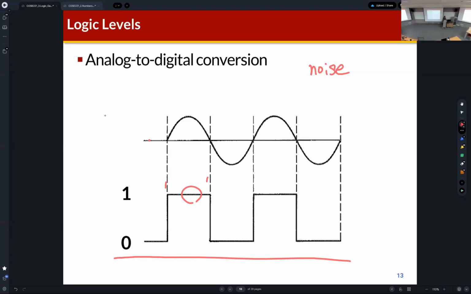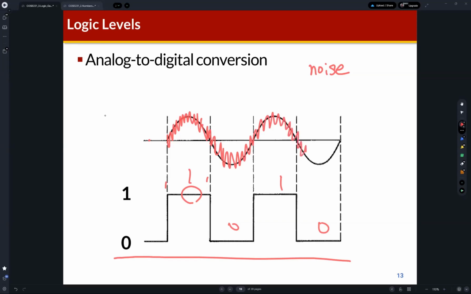So we can just think, oh, this is 1, and this is 0, and 1, and 0. But in the real world, a noise signal is included in the real signal, the real data. So when the noise signal is added, we can observe the real signal like this.